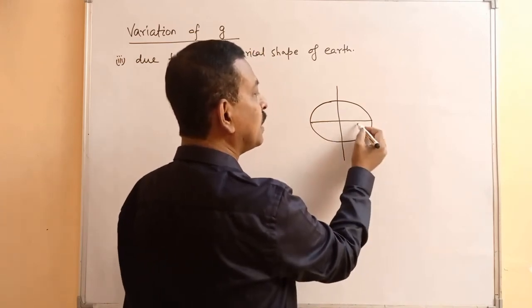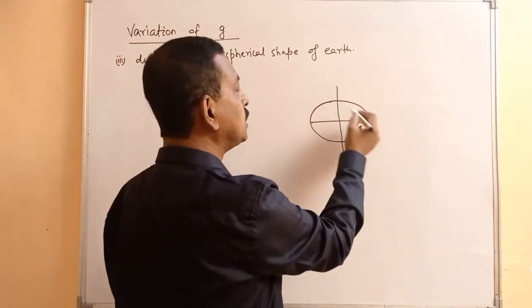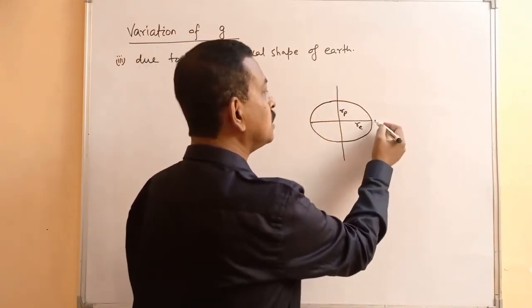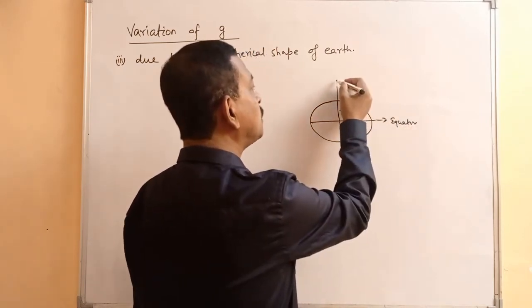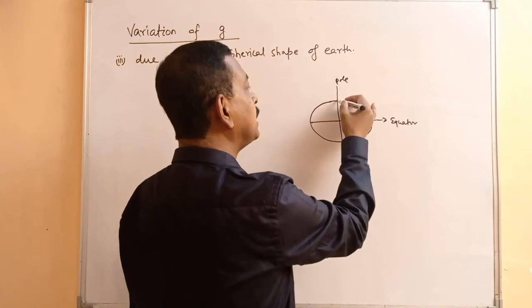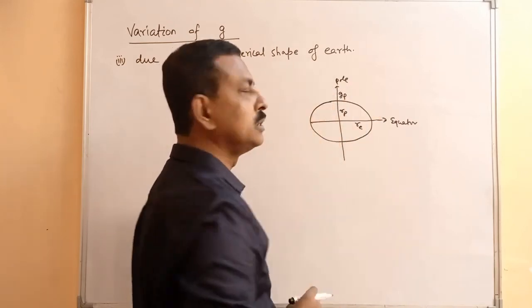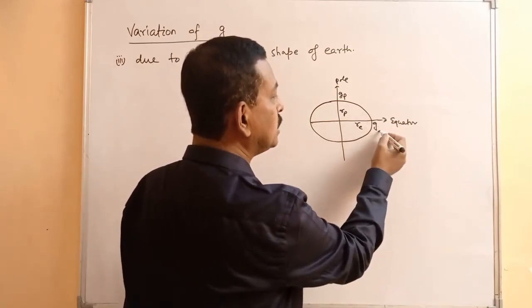Suppose the equatorial radius is RE and the polar radius is RP. Suppose the acceleration due to gravity at the pole is GP, and on the surface at the equator it is GE.